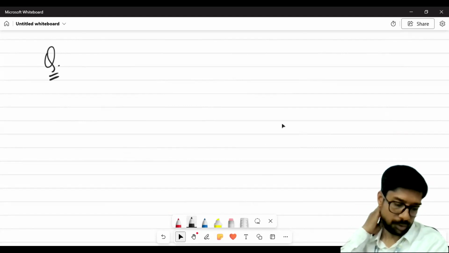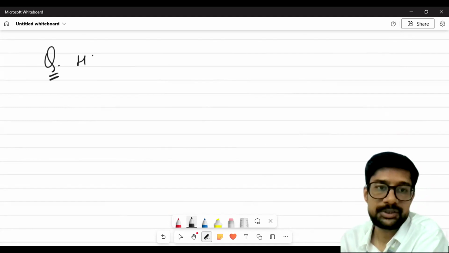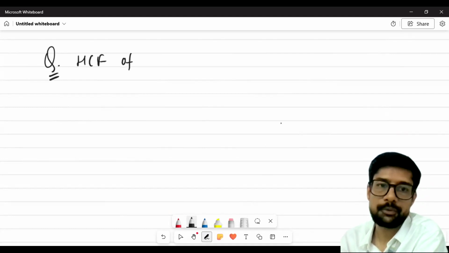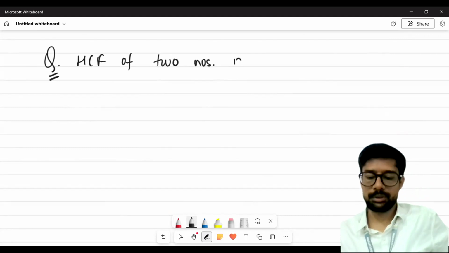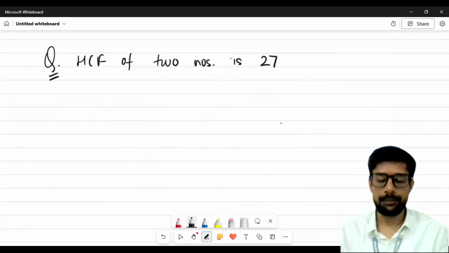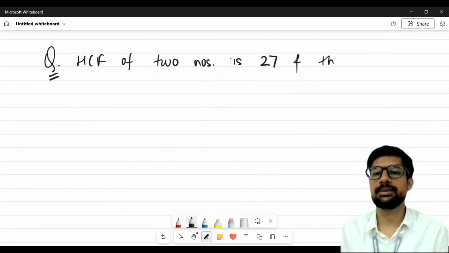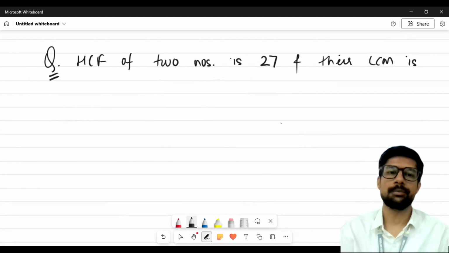एचसीएफ और एलसीएम के बीच में एक फॉर्मूले को कवर किया गया था, उस पे एक क्वेश्चन जनरेट होके आ रहा है, ये देख लेते हैं हम। HCF of two numbers is 27, and their LCM is 162.